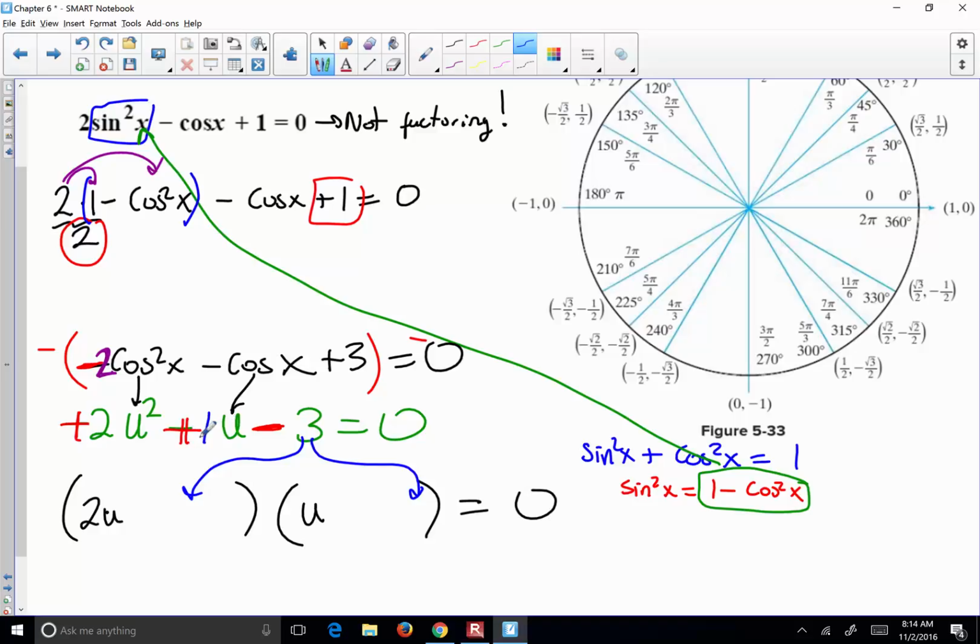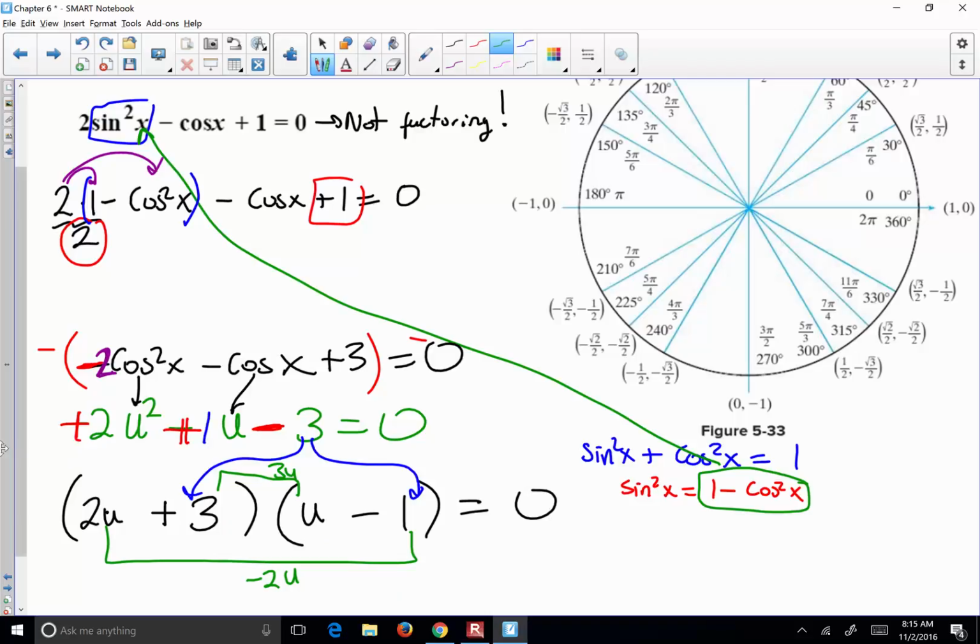What's the right way to break minus 3? 2u plus 3, and minus 1. Let's justify. 2u times minus 1 makes minus 2u. 3 and u makes 3u. And you add outside and inside terms, do you get the middle term? Yes, we do.